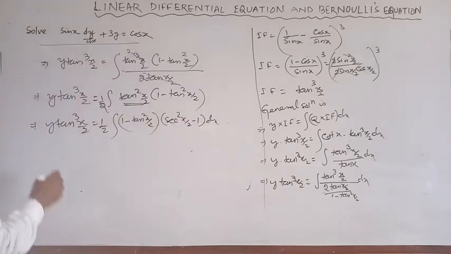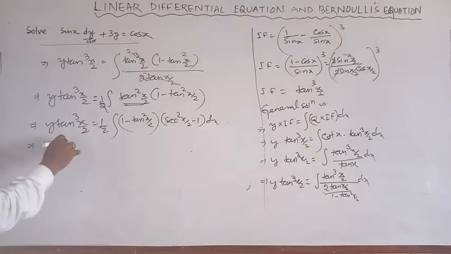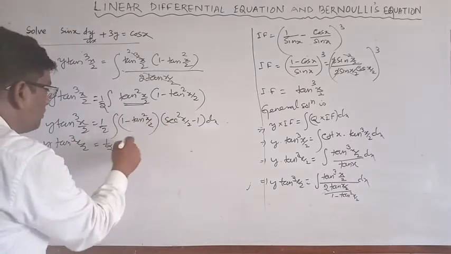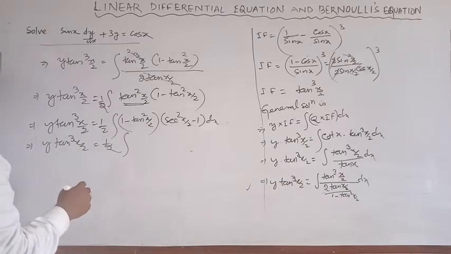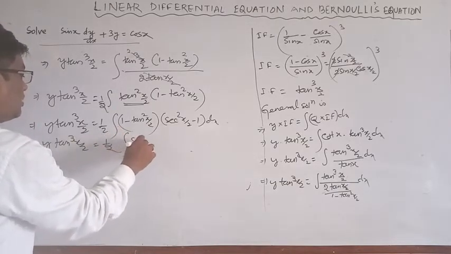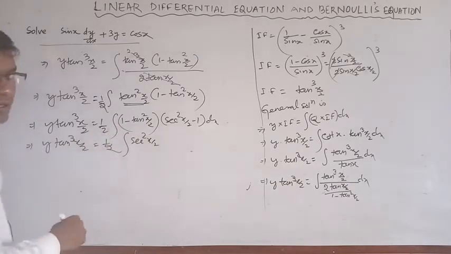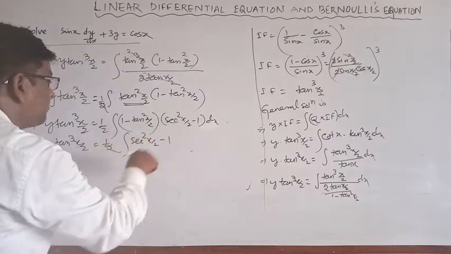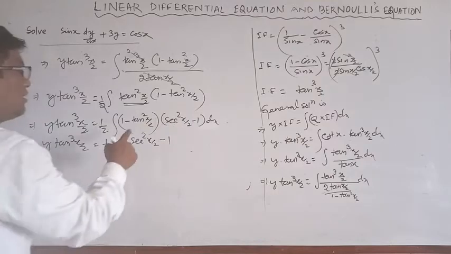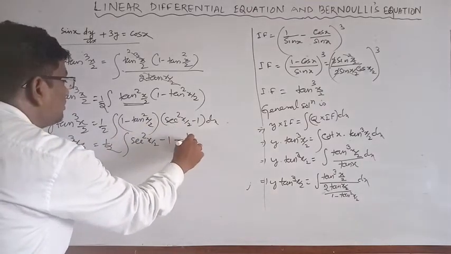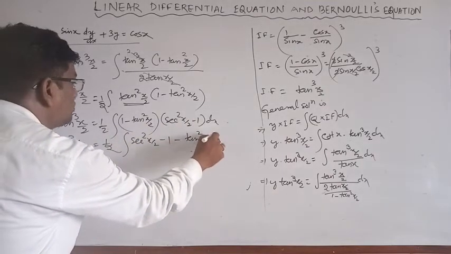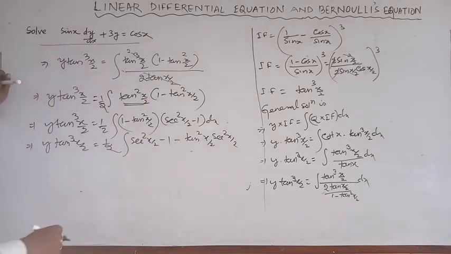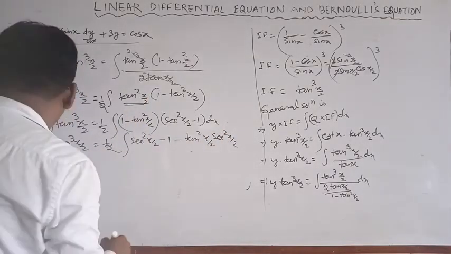So multiply this: y into tan cube x by 2 is equal to 1 by 2, and multiply this, that is sec square x by 2 into sec square x by 2, and minus 1, and minus tan square x by 2 into sec square x by 2, and plus tan square x by 2.